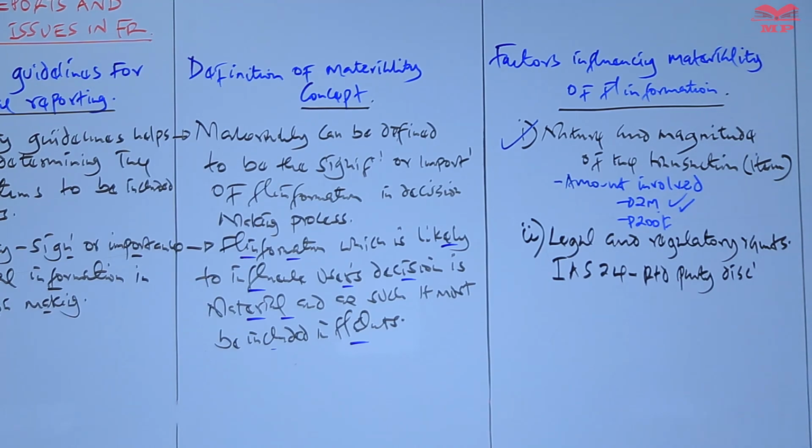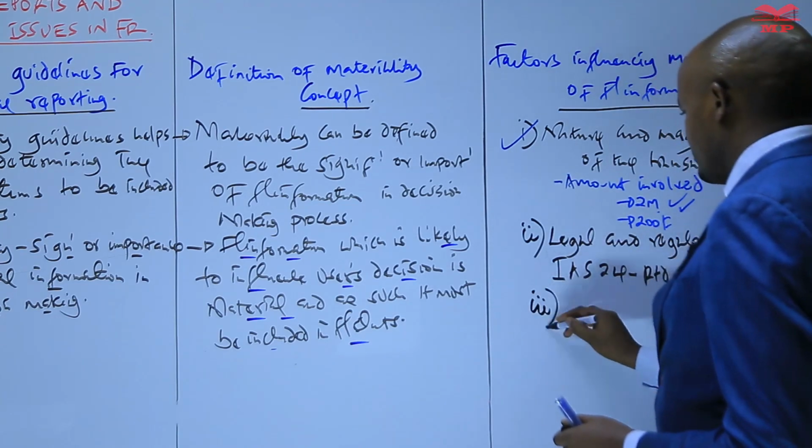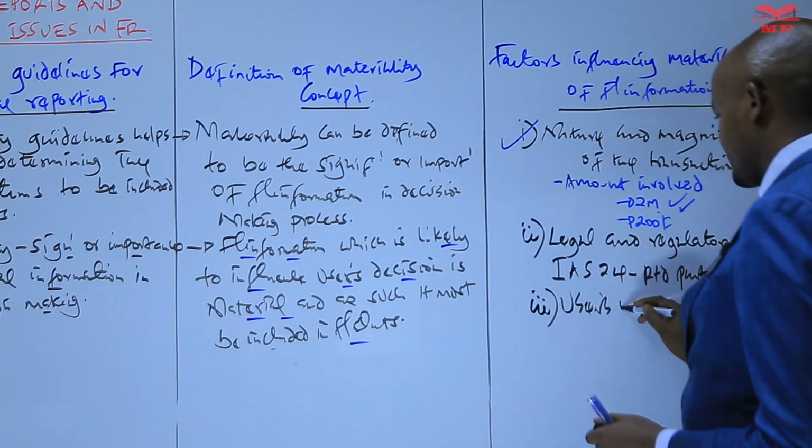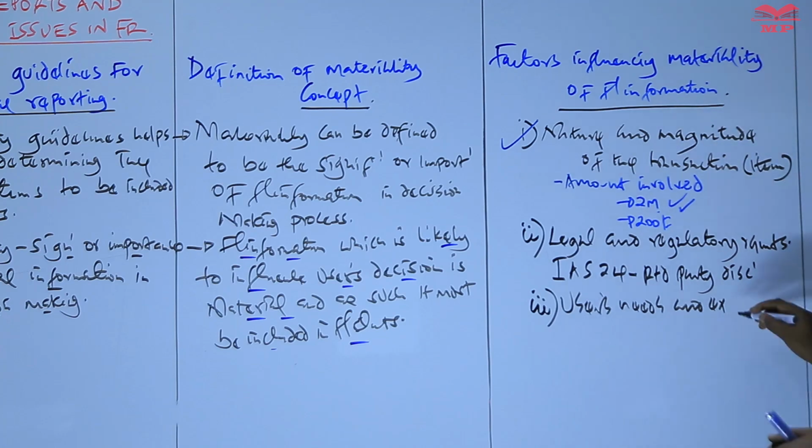Now, the other factor which also determines whether an item is material or not is what we refer to as the user's need and expectation. When we talk about the user's need, we are talking of what the users of the financial statements are interested in.